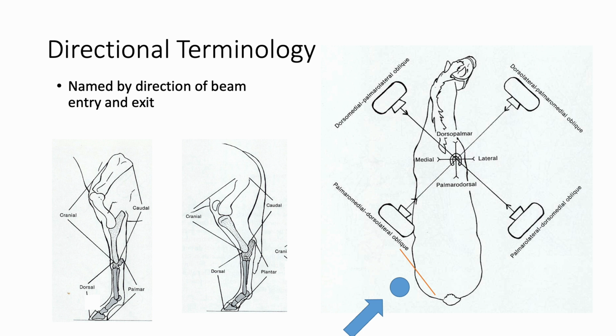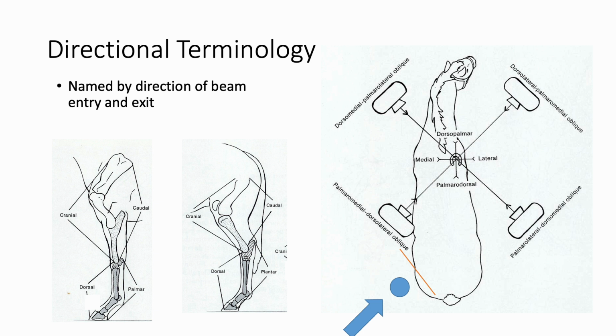And so when we are solving these problems, I think it helps to draw the X-ray beam. So usually the straight line refers to the cassette or the film, and then the X-ray beam is going to be perpendicular to that. And so we name it as it goes in and as it comes out. Anything that's at kind of a crisscross diagonal is called an oblique, and we'll have 4 different names.